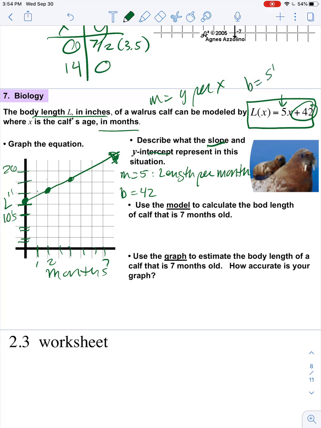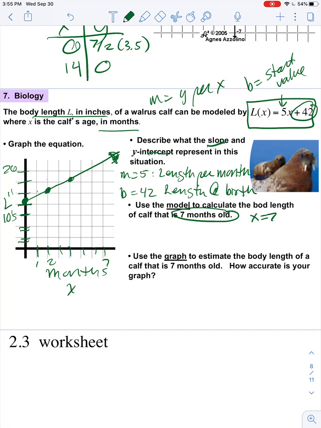How about the y-intercept? Well, my b is 42, and that always represents your start value. So in this case, that means the length when x is 0, so 0 months, so length at birth.